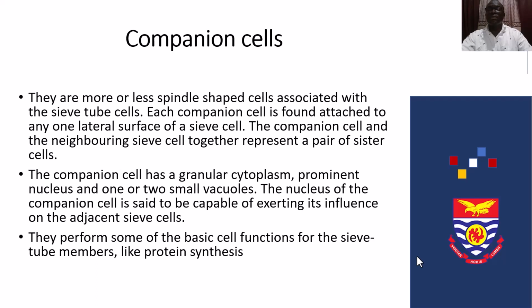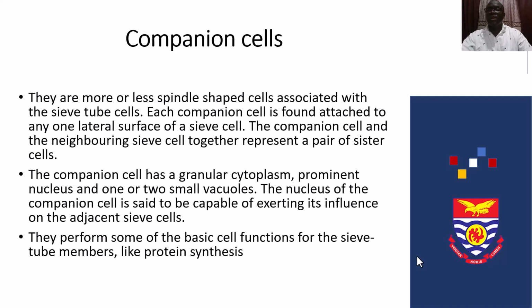Companion cells are more or less spindle-shaped cells associated with the sieve tube cells. Each companion cell is found attached to any one lateral surface of a sieve cell. The companion cell and the neighboring sieve cell together represent a pair of sister cells. The companion cell has a granular cytoplasm, prominent nucleus, and one or two small vacuoles.